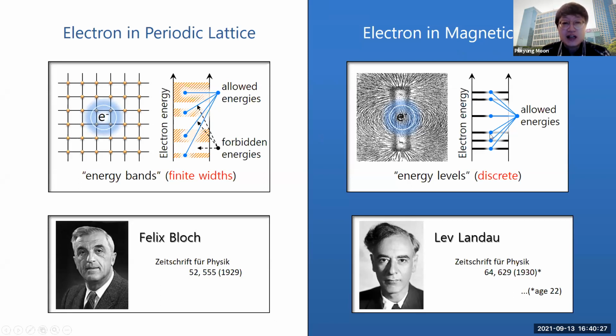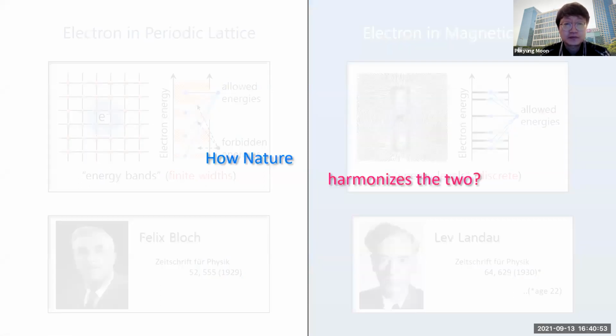These two problems are very well understood. The electron in a periodic lattice shows a band structure with finite energy width, while an electron in a magnetic field has discrete energy levels, but they look almost incompatible. So it is very interesting to see how nature harmonizes the two at the cross point.